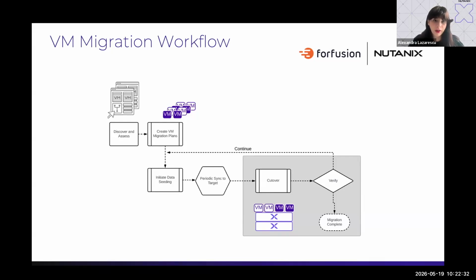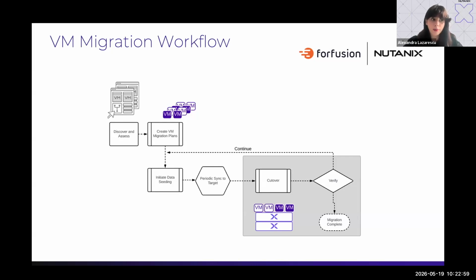You can also verify if you want to wait until you do the cutover. So we have a testing option that you'll be able to see, where essentially you can provide a separate network if you want, or the same one, and you're able to test if this migration actually works. So before you move any of the actual virtual machines, you do a test, you see how it works, how long it takes to power on, are there any differences?